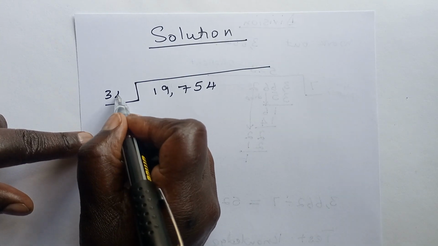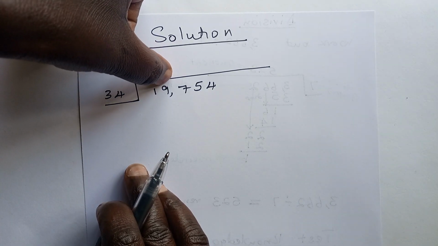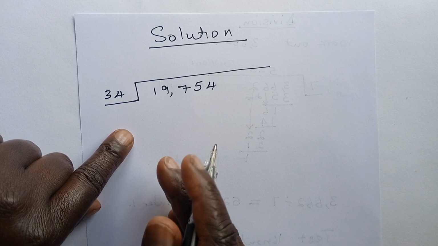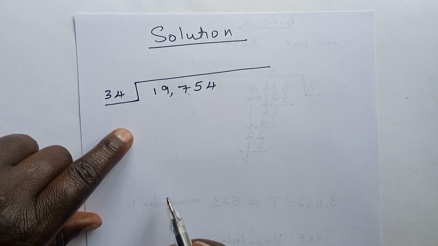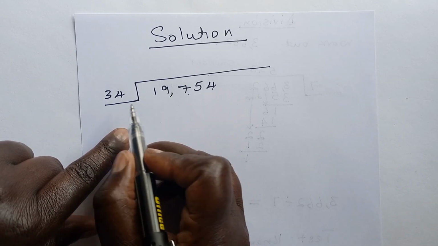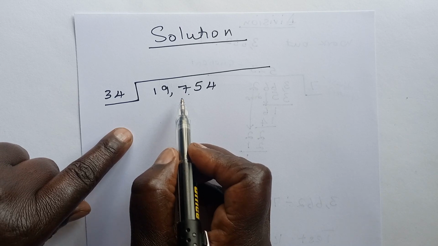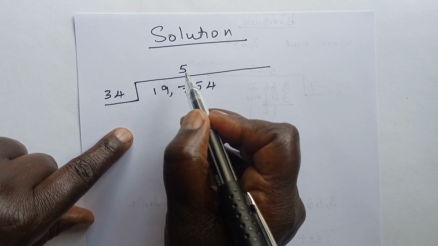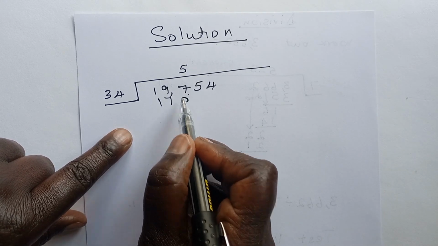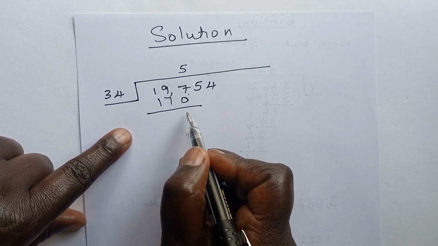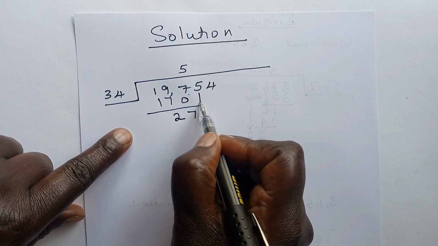Our divisor is 34. Now 1 is smaller than 34, 19 is smaller than 34, so we'll go up to 197. We look for a number that we multiply by 34 to get a number close to 197. That number will be 5. Multiply 5 by 34, you get 170. Subtract, you'll have 27. You drop 5.